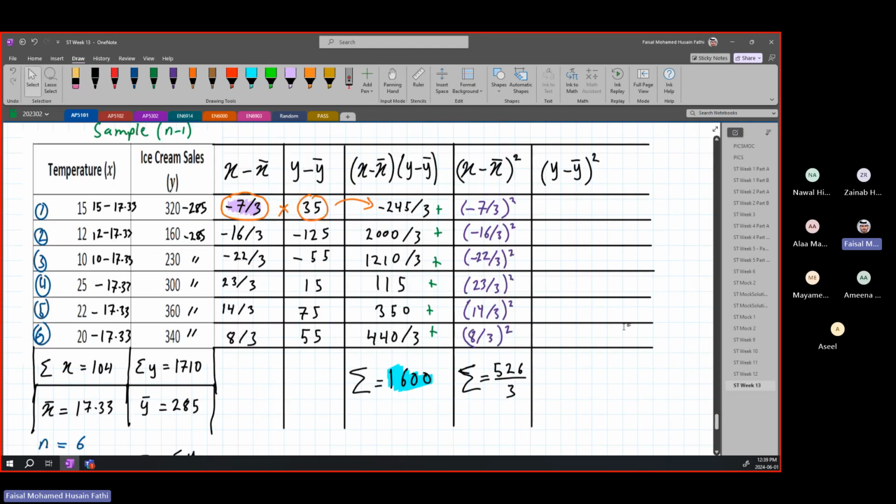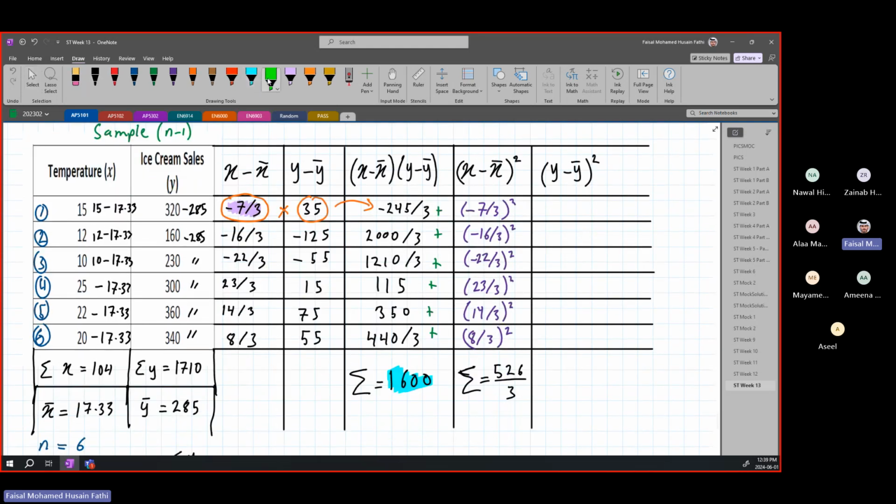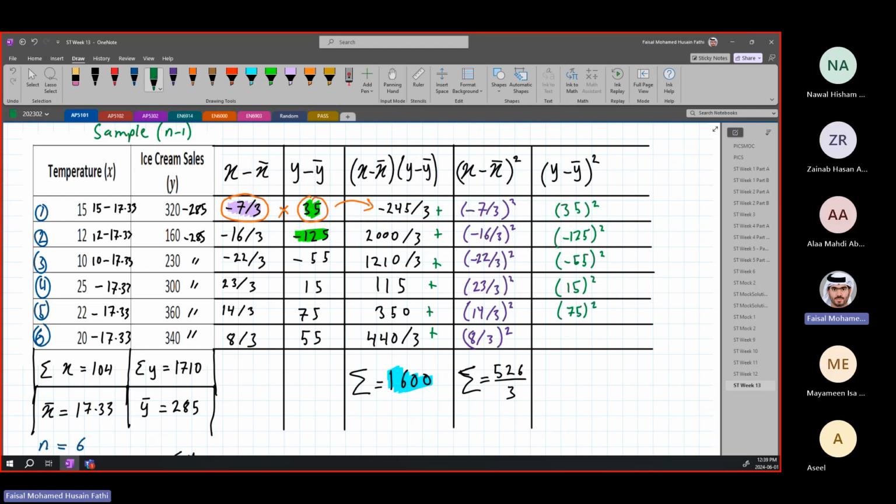Okay? Again, same thing you're going to do for y. Instead, now we're going to be taking this value over here. So 35 squared, minus 125 squared, minus 55 squared, 15 squared, 75 squared, and 55 squared.